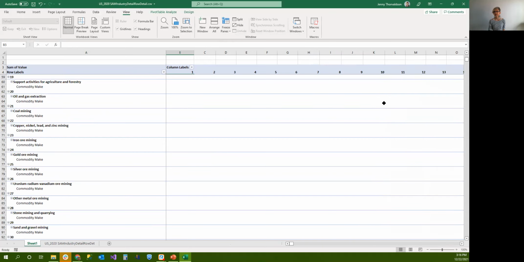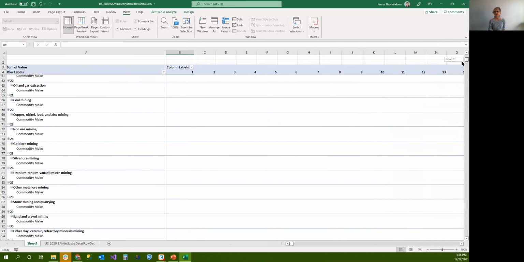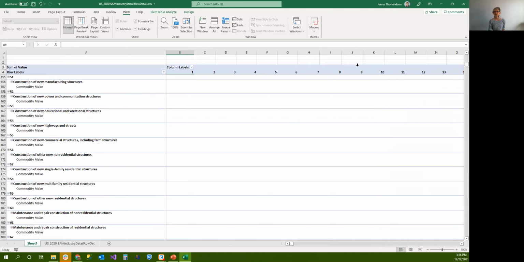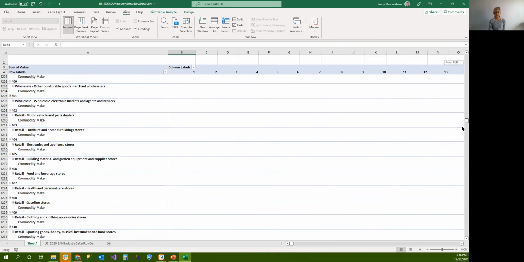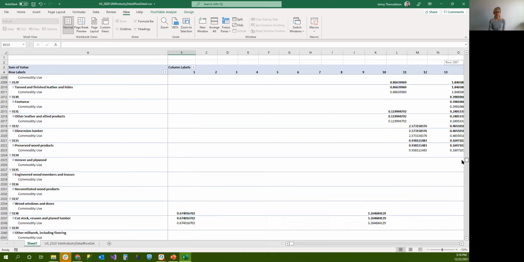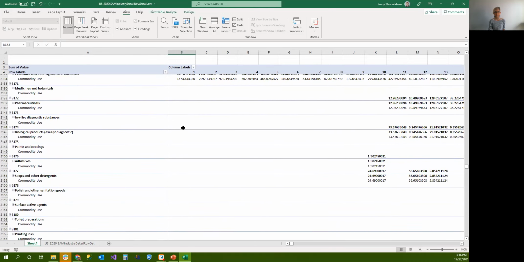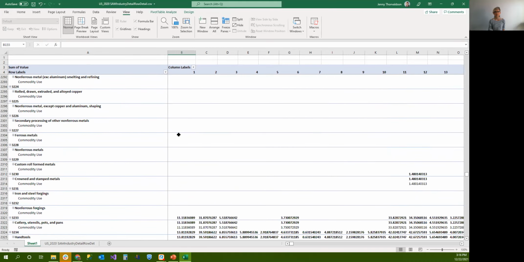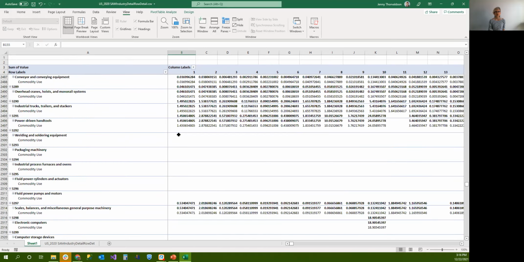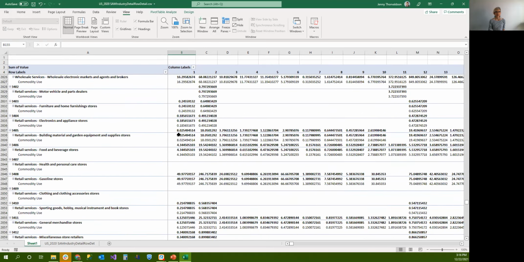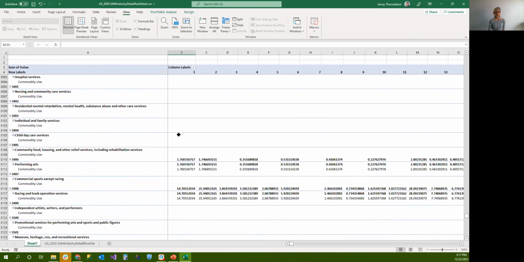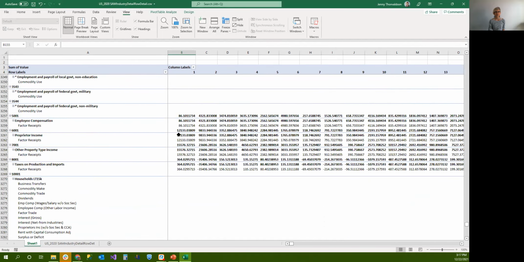And I'm just going to point out a couple things to you here and leave it at that. But I'm going to scroll down. So right now, let's look at column 1, which is industry 1. And if I scroll down toward the bottom where we get to the government, so here in the commodities, you can see all the commodities that this industry buys, fine. But let's get past those and get into our institutions.